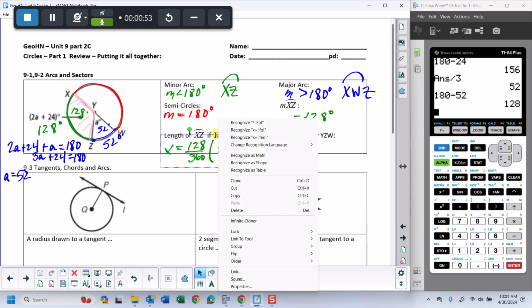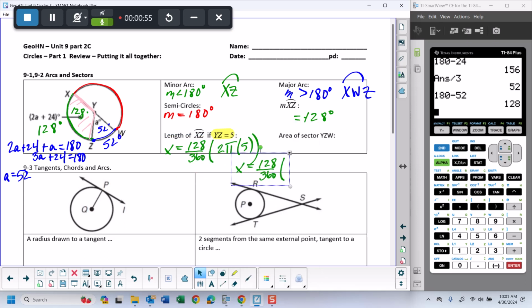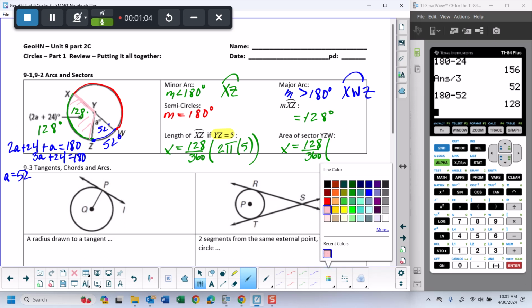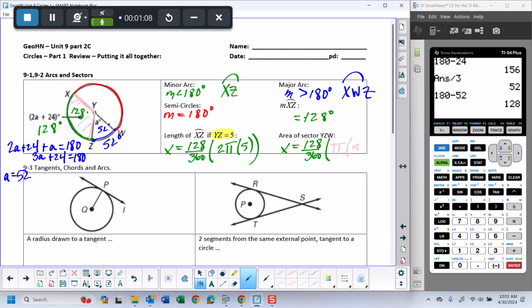The only thing that's different now is instead of writing 2 times pi times 5, I'm writing pi r squared. When I'm talking about my area, it's a piece of that area. If I'm talking about my length of my sector, then that's not.